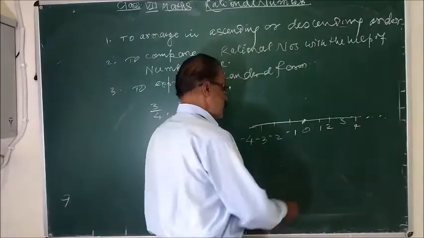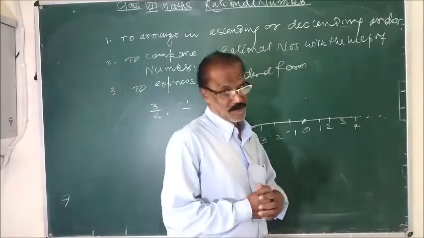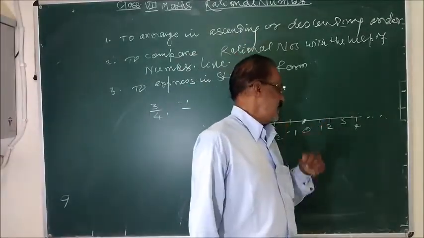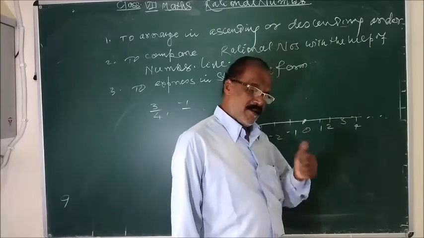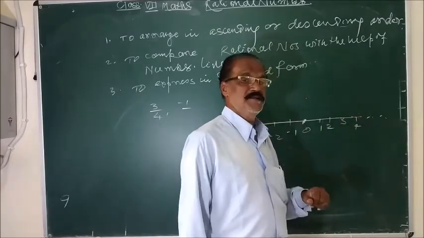If I ask you 2 or 4, which is greater? You know very well 4 is greater than 2. And if you see the number line, that rule is verified also. 4 is on the right side of 2.